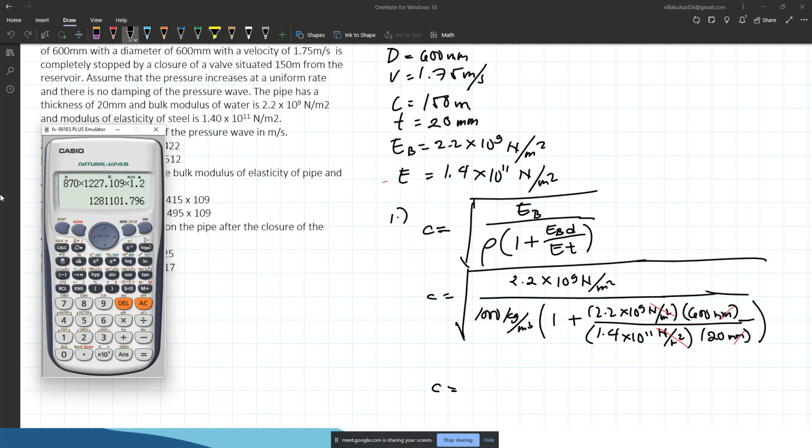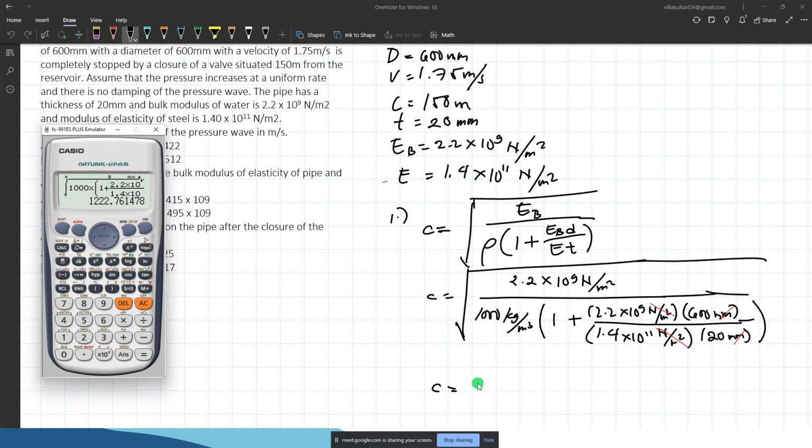So solving this directly on the calculator, we have 1000 times 1 plus E times 600 over 1.4 times 10 raised to 11 times 20.